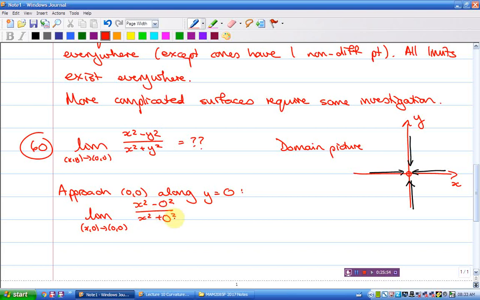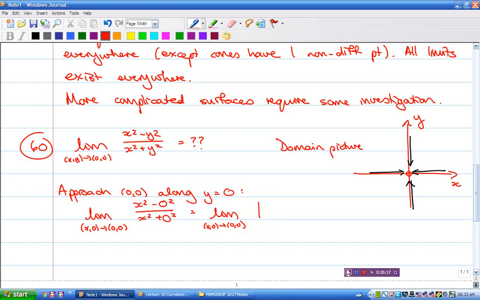Everywhere along those horizontal black arrows, those are along the line y equals 0. Every point along those black arrows has a y component of 0. Y is not changing, only x is changing. So this is the limit as x, 0 approaches 0, 0 of x squared over x squared, which is 1.